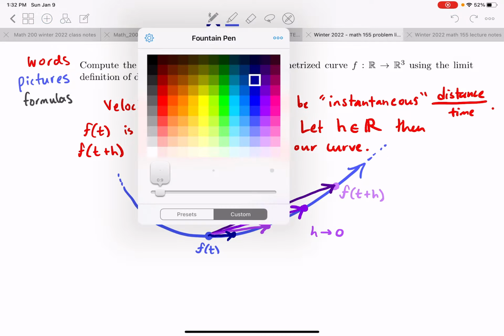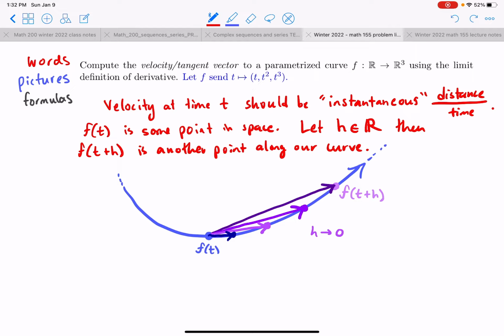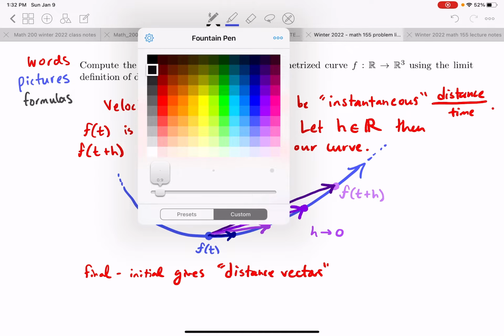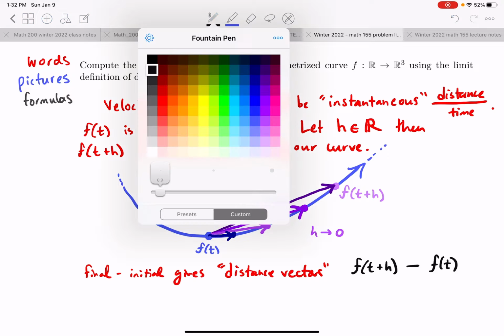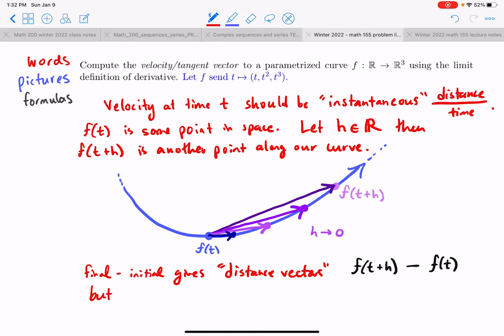So that's no good. So let me say that. Final minus initial gives distance vectors. Let's put them in a formula. Well, what is this distance vector? Well, it's final minus initial. But as h goes to 0, these shrink to the 0 vector.